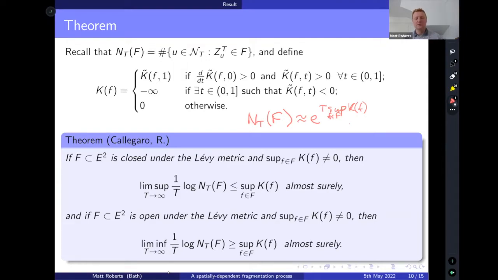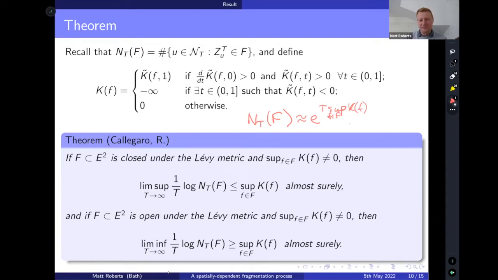Okay. So theoretically, at least from my point of view as a probabilist, we've solved our problem in that we can say, if you give me a function f, I can tell you how many particles stay near the function f.